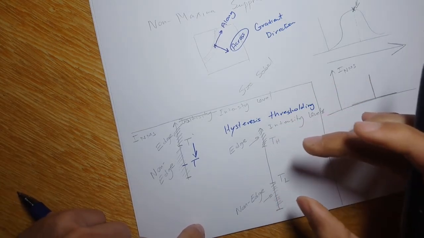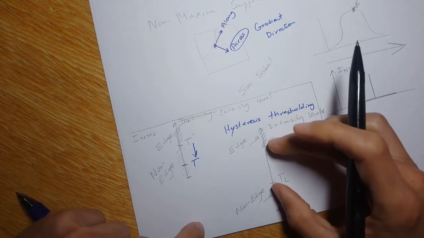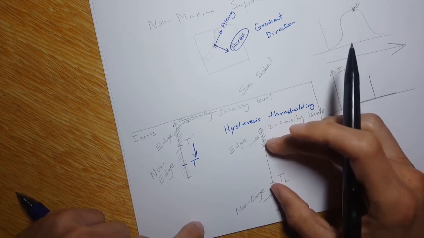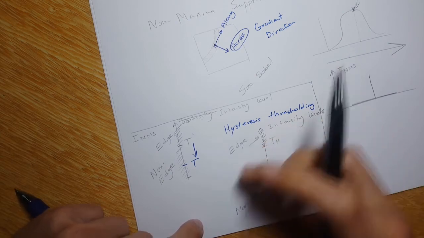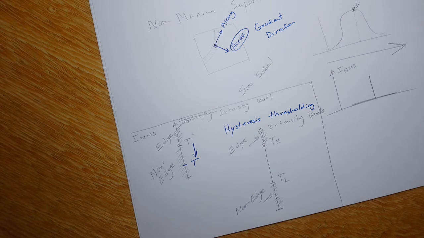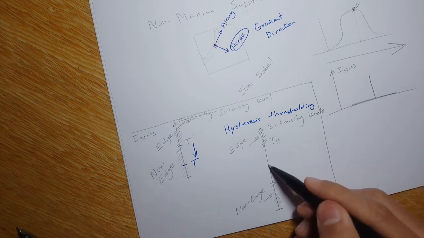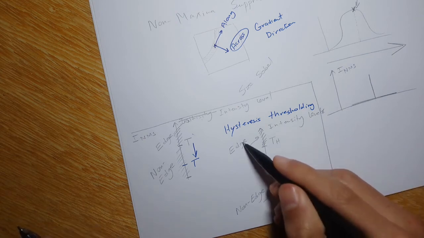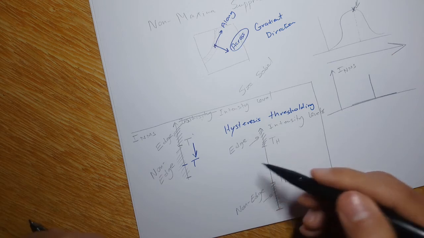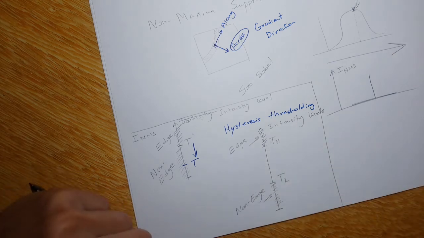And the pixel intensities that have a value in this interval are subject to consideration. So this consideration is to check if a pixel that has a value in this range is connected to an edge. If it is connected to an edge, then we consider it as an edge. Otherwise, we consider it as a non-edge.